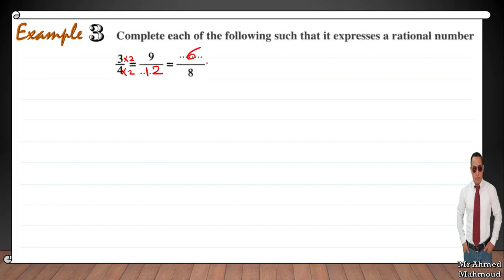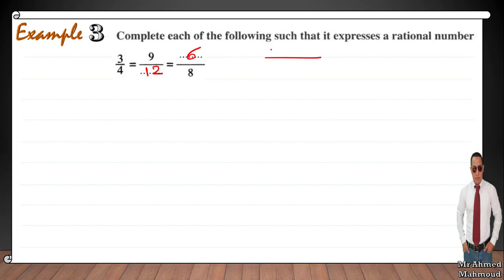I can solve this one another way, by using cross multiplication. 9 times 4 over 3 equals 12, and 8 times 9 over 12 equals 6. So you have two different ways.